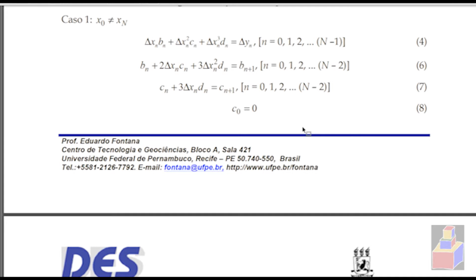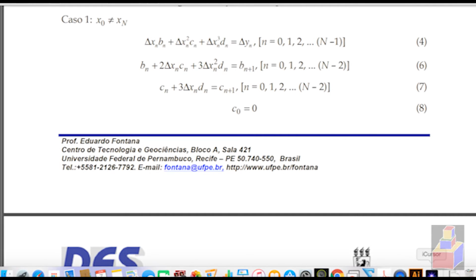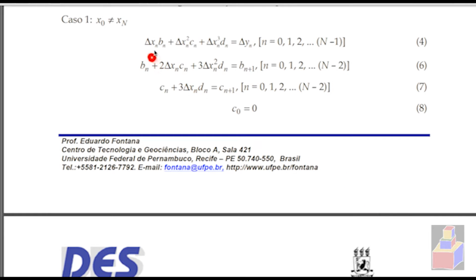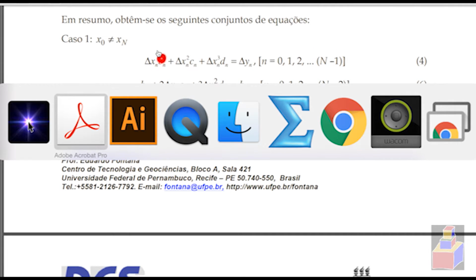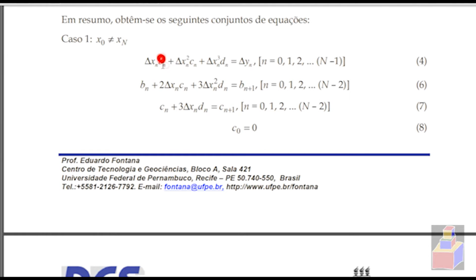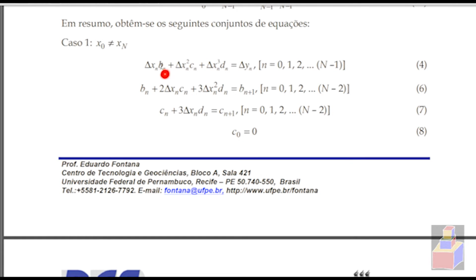Things get much simpler if we consider that the interval delta xn is always constant. In other words, the distance between successive points is constant. You can ask, what if it is not constant?